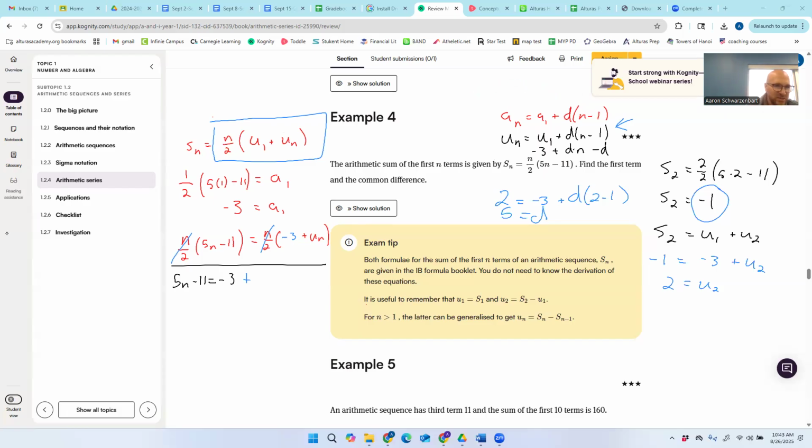So again, I'm still using that formula that I got right here, but now I'm plugging things in. U sub 5, 5 is D, n minus 1 is 4, so this is 17.